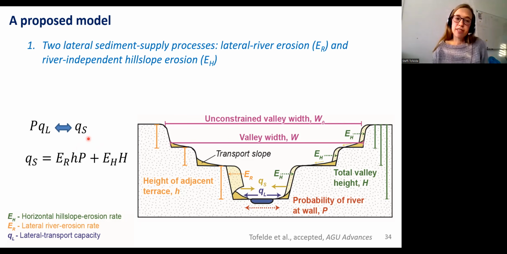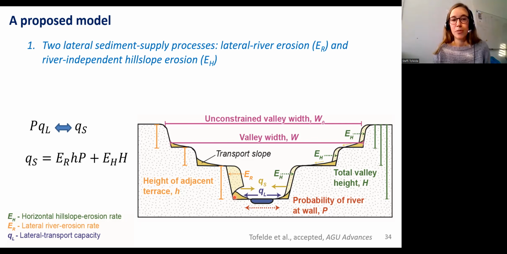But now the difference is that in the previous idea, the lateral sediment supply, the Q_S, only came from direct erosion by the river. If the river moves laterally, it undercuts the wall. This is the amount of sediment that gets generated and that needs to be removed. So it's the erosion rate by the river. And we now think there is a second source of sediment that was not taken into account before.